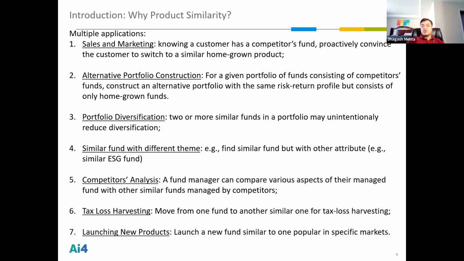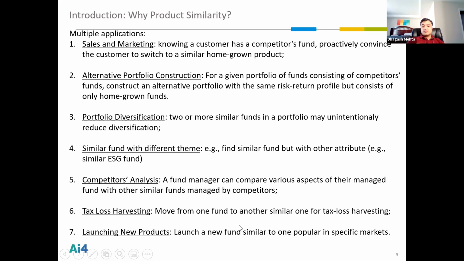So this is called tax loss harvesting. It's better to realize a loss sometimes for tax purposes, and this gain can then be harvested into other funds. So that's also a very unique application of this kind of hypothetical tool.